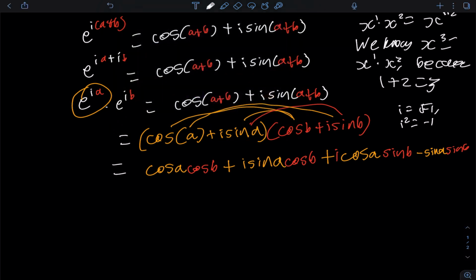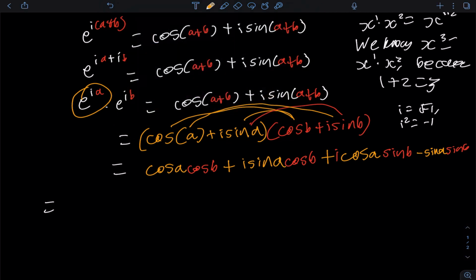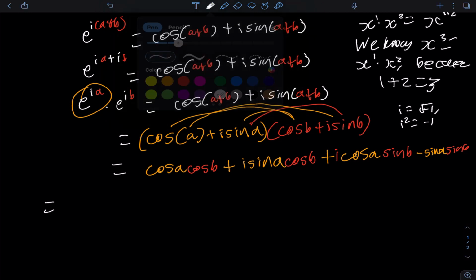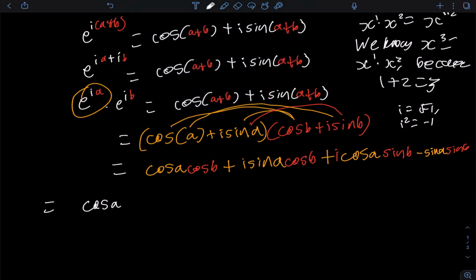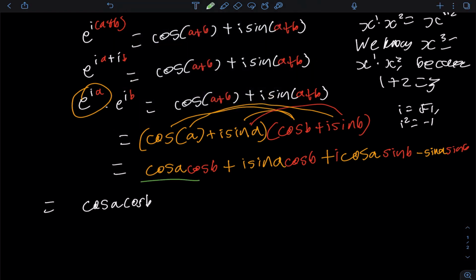Now let's group the real and the imaginary parts together, and I'll factor out the I because we know that they're in more than one term. Let's write this all in one color now. We have cosine A times cosine B, so that's the first real part. So this is going to be the real parts, like so, and these are the imaginary parts.